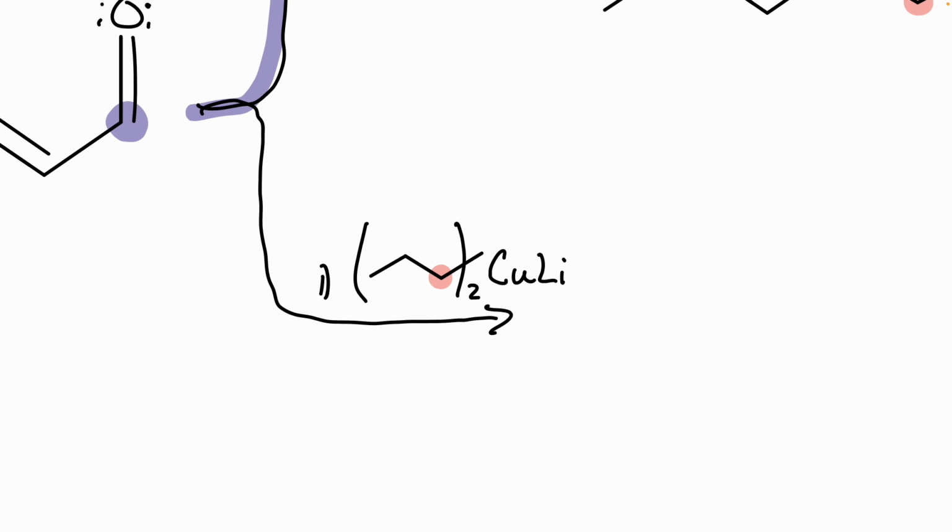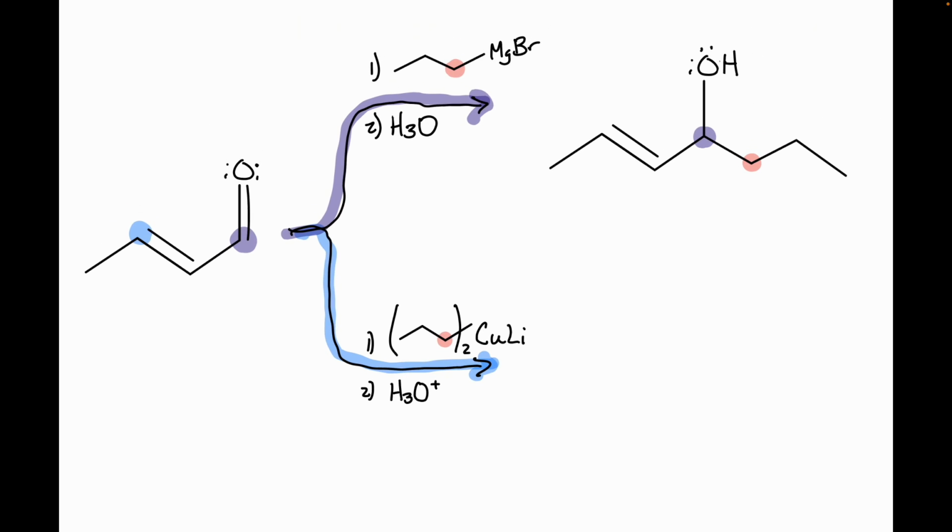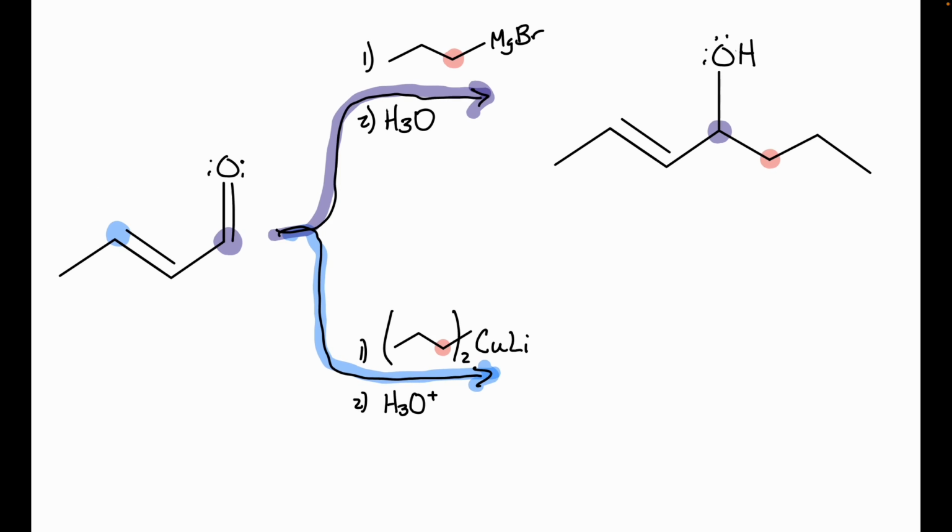Again, we're going to do our acidic workup. But the whole shtick about the Gilman is that it prefers instead this electrophilic beta carbon site here. So give me the product if that Gilman was our nucleophile and our electrophile was that beta carbon.